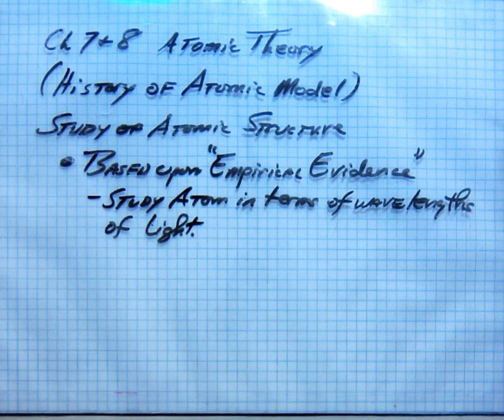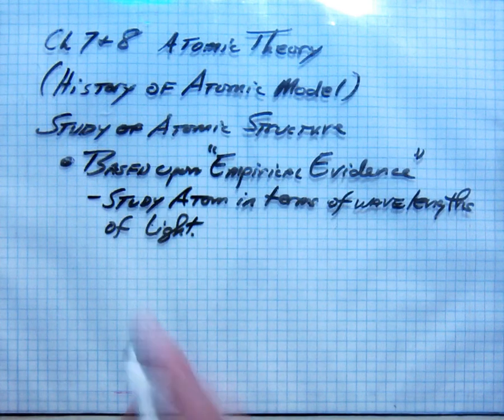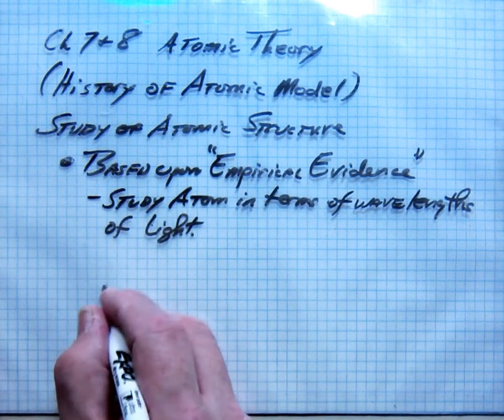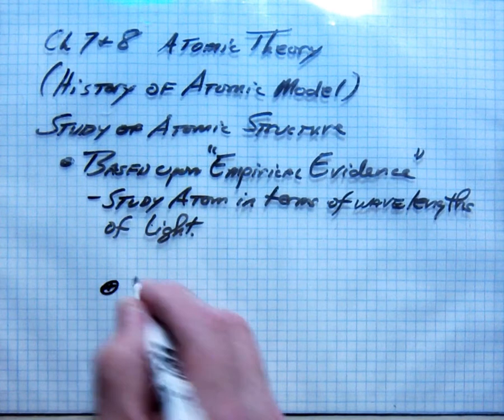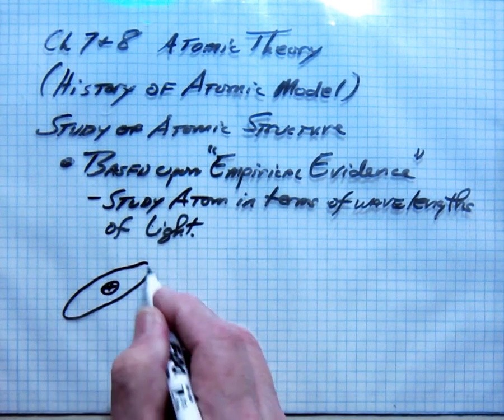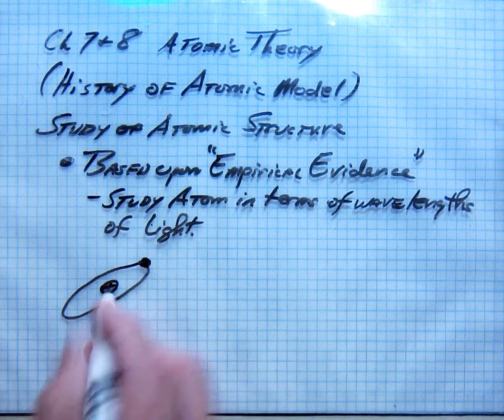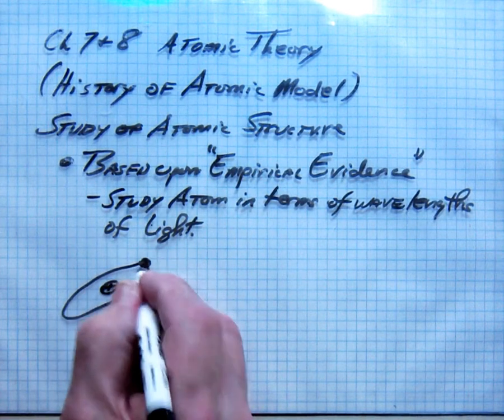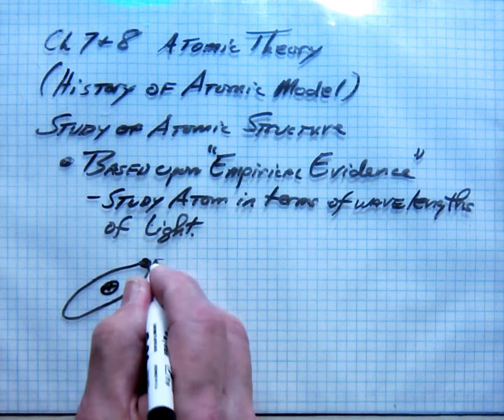A couple of ways to deal with this is to make the atom an excited atom. Okay, what does that mean? If I were to draw, say, a hydrogen, it would have a nucleus and 1 electron. Very simply put, nucleus and 1 electron.